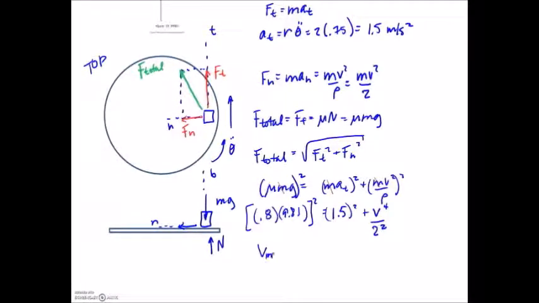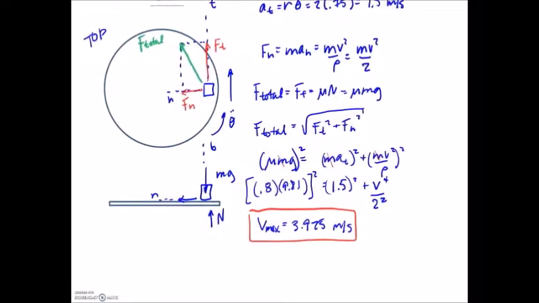So v max is equal to 3.925 meters per second. Now that's a preliminary answer because we're looking for the time, but we know that as things go around a corner, the velocity in the tangent direction is equal to the acceleration in the tangent direction times the time, and I can solve that for the time, which is equal to 3.925 over 1.5, that's the velocity over the tangent acceleration, and that's equal to 2.617 seconds.